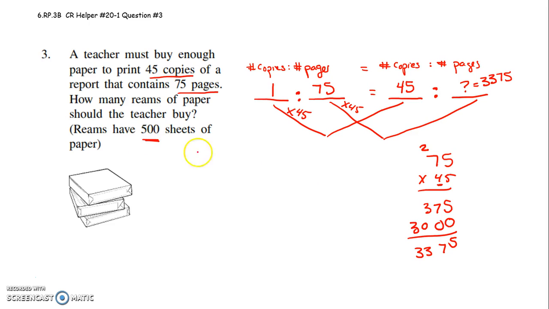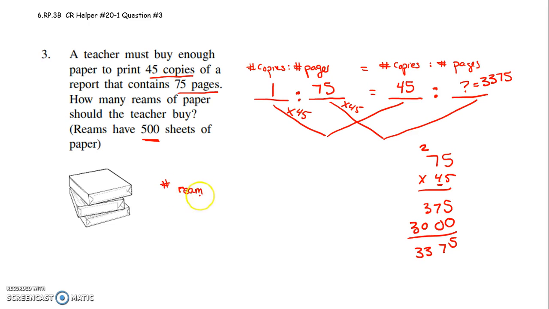Each ream of paper is 500 sheets. So now I could do 500 sheets in each ream of paper. So my question is, if I have 500 sheets in one ream, how many reams do I need to get at least 3,375? Now I'll set it up as a ratio, just to show you the different options.